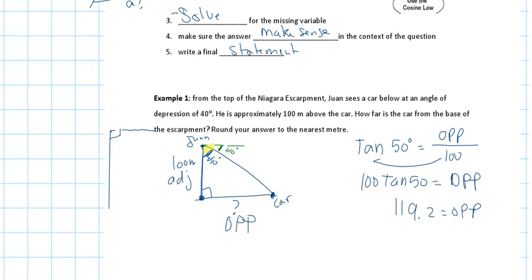If this part of the 90 is 40, what do I have left for this part? You do 90 minus 40. So if this is 40, then you have 50 left, because 50 plus 40 gives me 90.